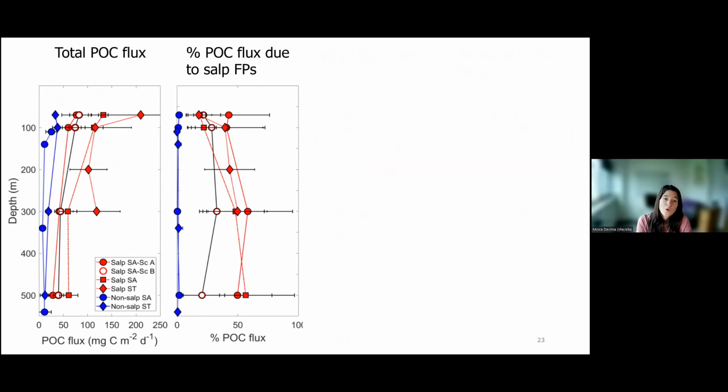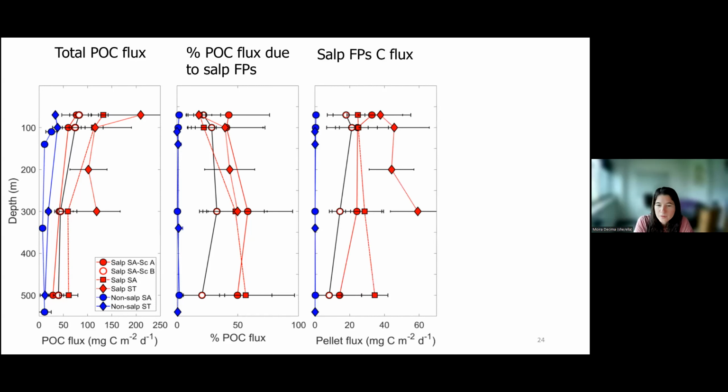Those range between 20 to 50% of the total particulate organic carbon flux across the different cycles. And as you can see, usually around half of that POC flux were clearly identifiable Salp fecal pellets. These are the absolute values of the contribution, ranging from 20 to 60 milligrams of carbon per meter squared per day.